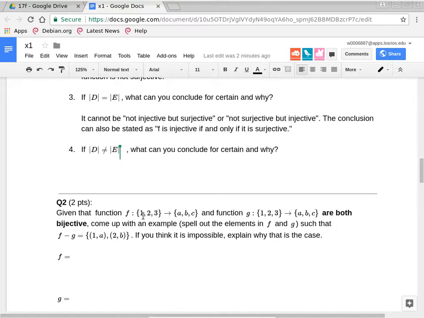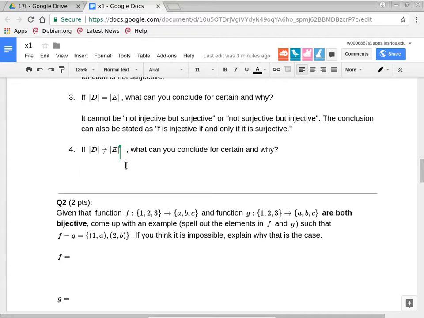Okay, so for part 4, if the cardinality of D does not equal the cardinality of E, what can we conclude for certain? Based on the answer to number 3, we know one thing is for sure. It cannot be both injective and surjective.